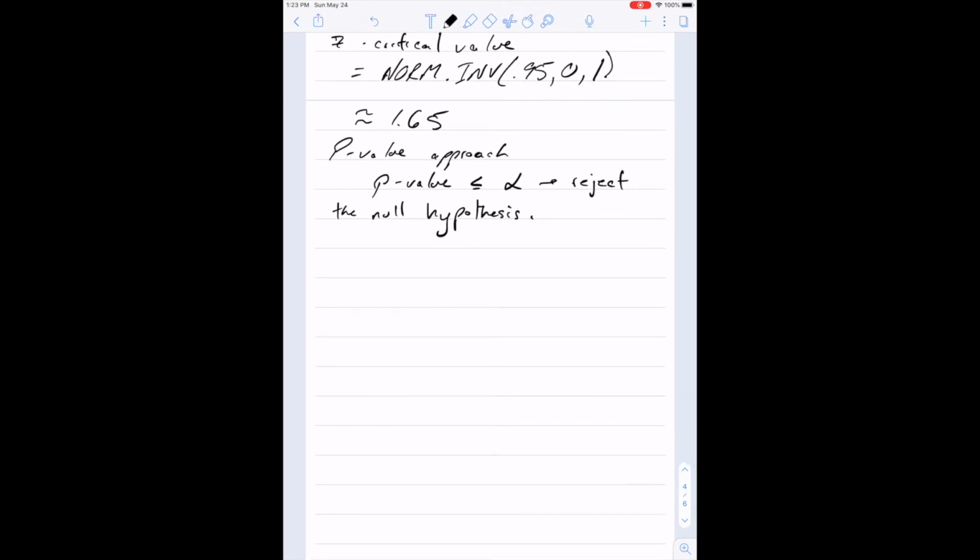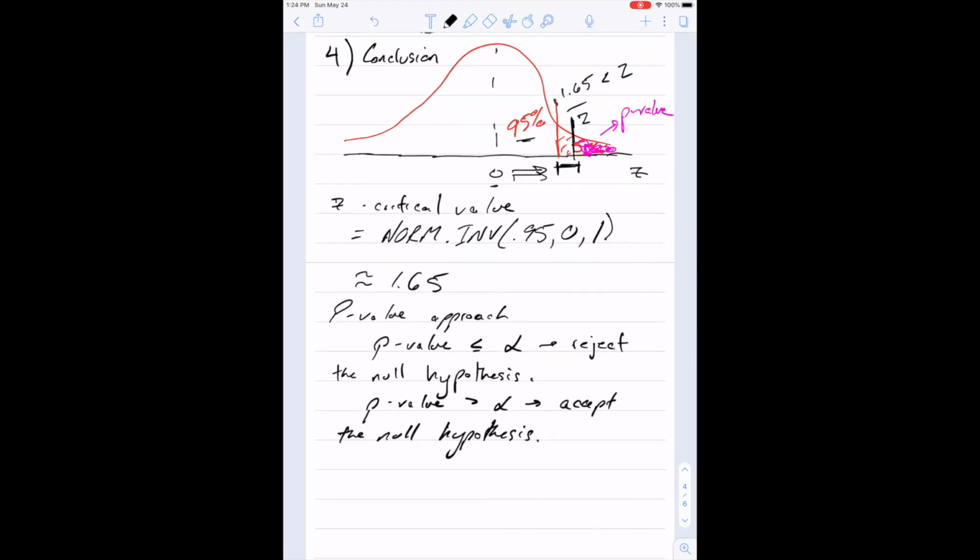So if I find that my p-value is less than alpha, I can reject the null hypothesis. P-value greater than alpha, the opposite, I would accept the null hypothesis. So we should get the same answer whether we compare the numbers on the line or the areas under the curve.